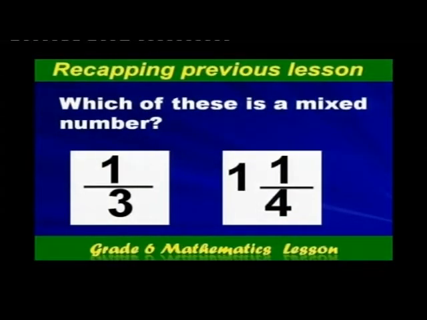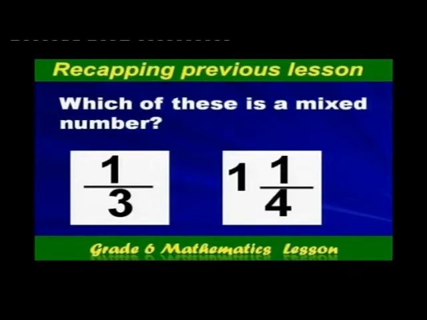Robert, receiving students, you can tell your teacher which of the numbers or fractions shown on the screen is a mixed number. 1 whole, 1 quarter. 1 and 1 quarter. Yes, Robert is correct. 1 and 1 quarter is a mixed number.